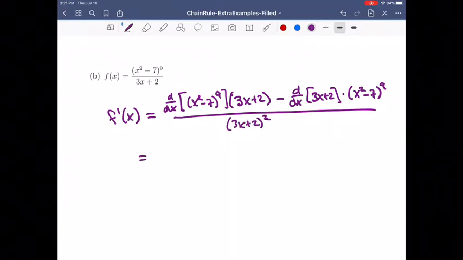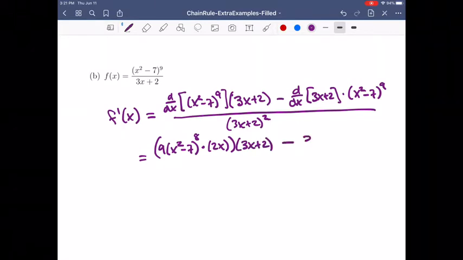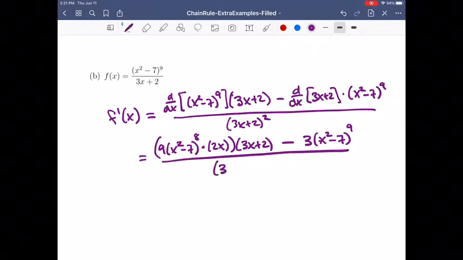For the derivative of the first one, I need to use the chain rule. So it's going to be 9(x squared - 7) to the power 8 times the derivative of the inside, which is 2x, and all of that is times (3x + 2). The derivative of 3x + 2 is just 3, and that's multiplied by (x squared - 7) to the power 9. All of that is over (3x + 2) all squared.